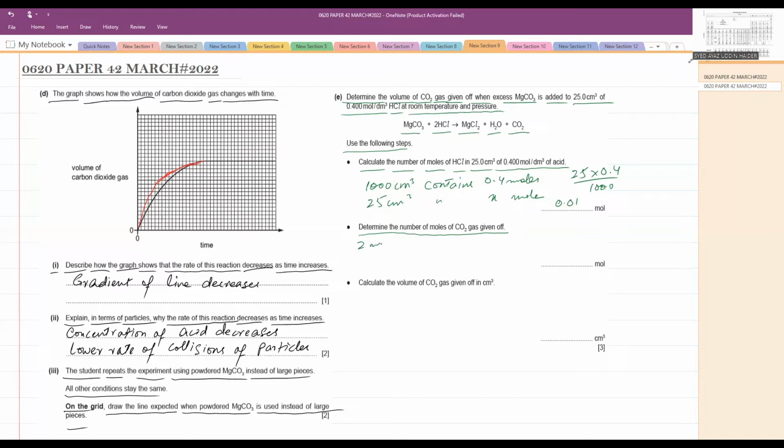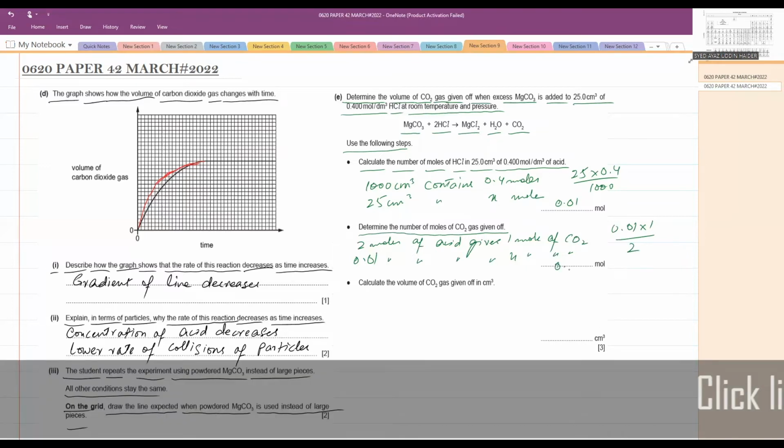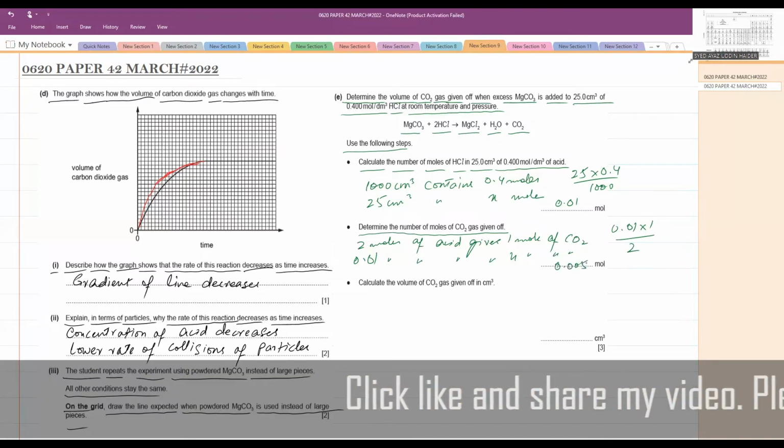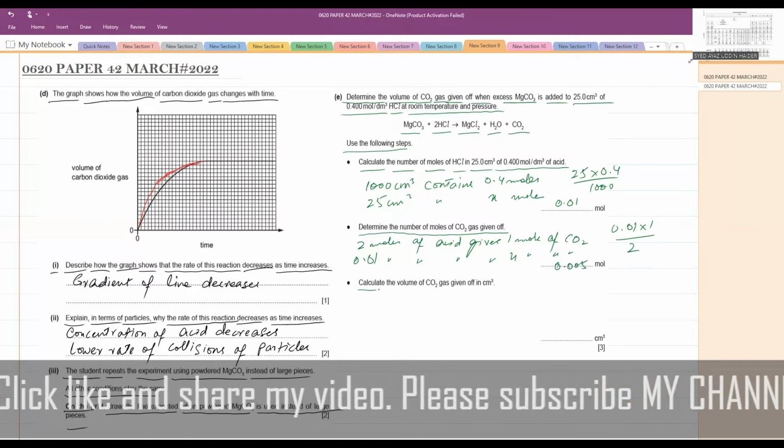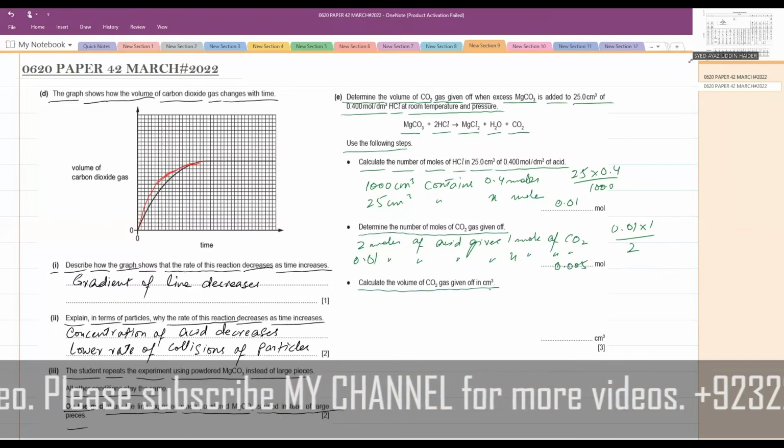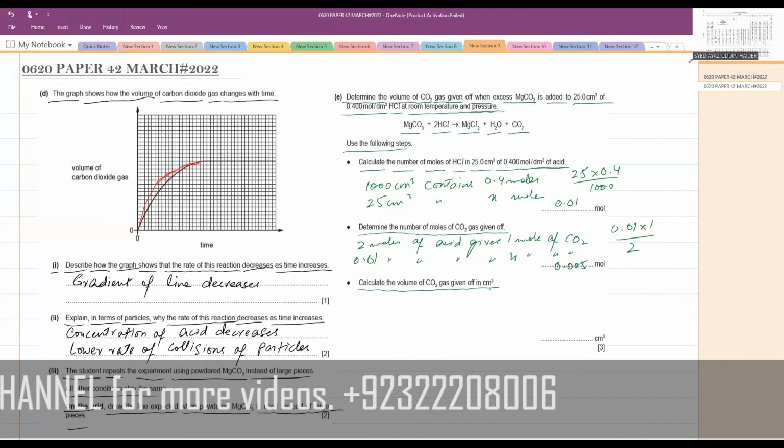Therefore, 0.01 moles gives X moles of CO2, which will be like this: 0.01 multiplied by 1 divided by 2. So the answer will be 0.005 moles.